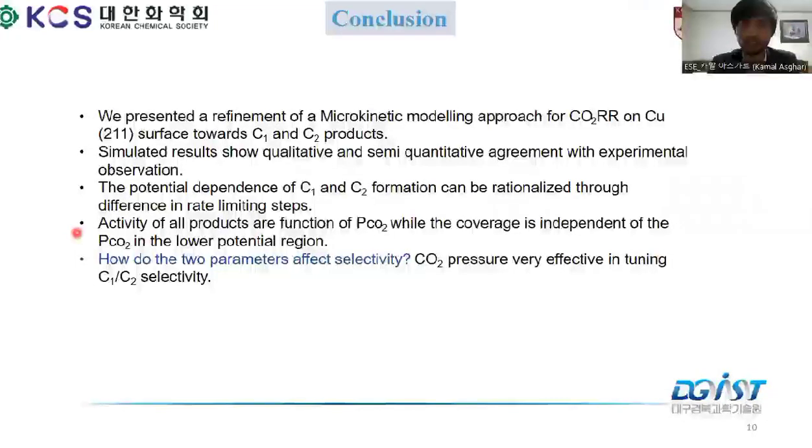To recapitulate our presentation, we presented a refinement of a microkinetic modeling approach for the carbon dioxide reduction reaction, and we compared our simulated results with the experimental data, and there was good agreement. The potential dependence of C2 and C1 products can be rationalized through differences in rate limiting steps, because different products have different paths and different rate limiting steps.